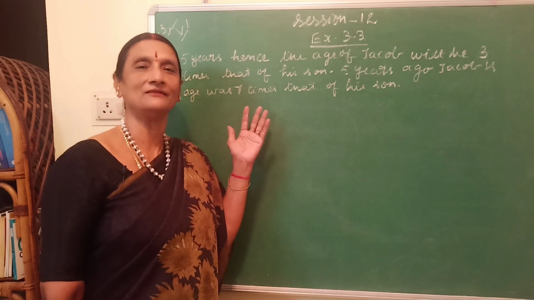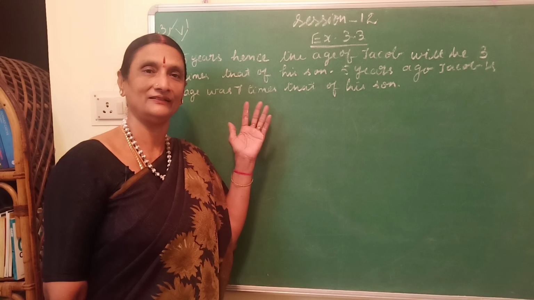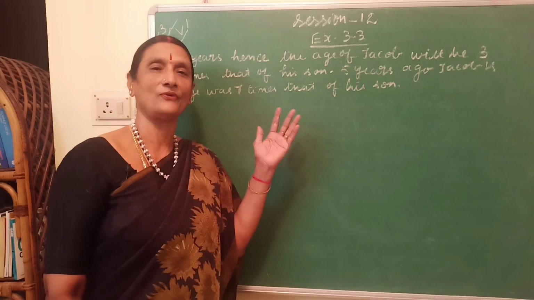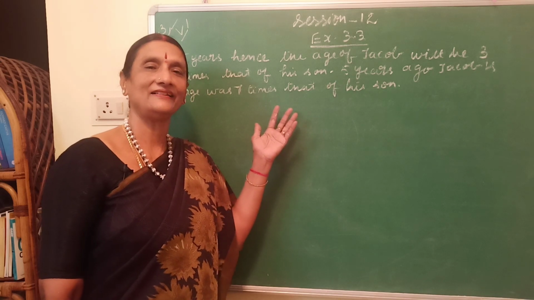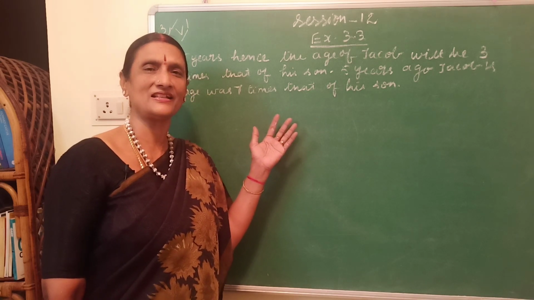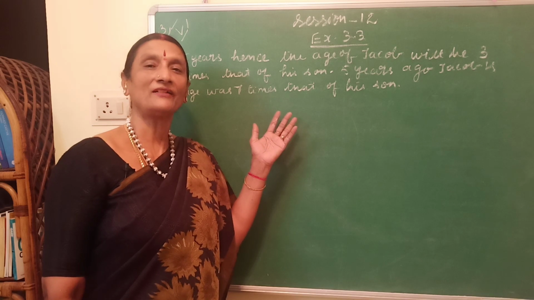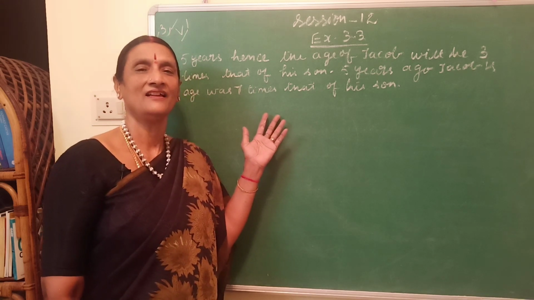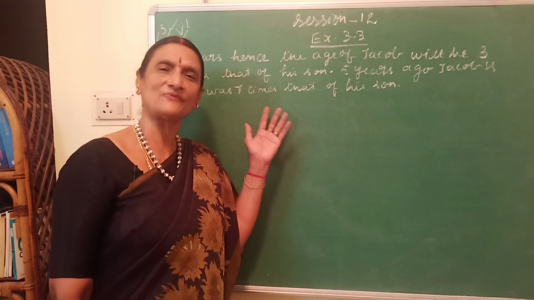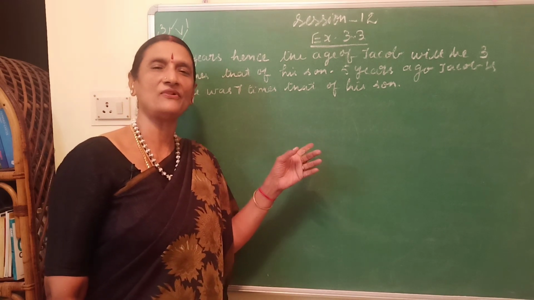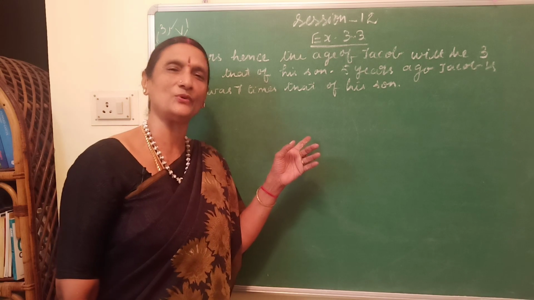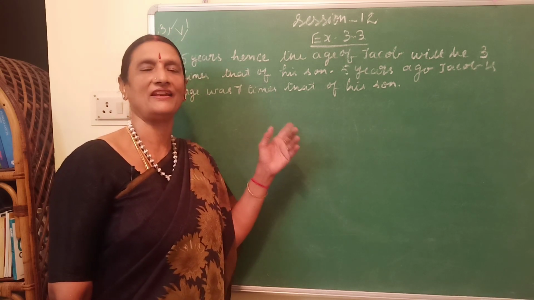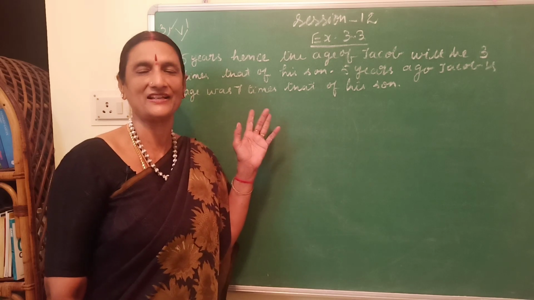You just observe their ages 2-3 years, and then 2-3 years later or before, what were their ages, and then what is the ratio. You can just try that. But what keeps changing? The ratio keeps changing, but the difference between the ages will not change. That is very fundamental. Very often you get confused with these things, and if you remember this point very strongly, there won't be any mistake at all.